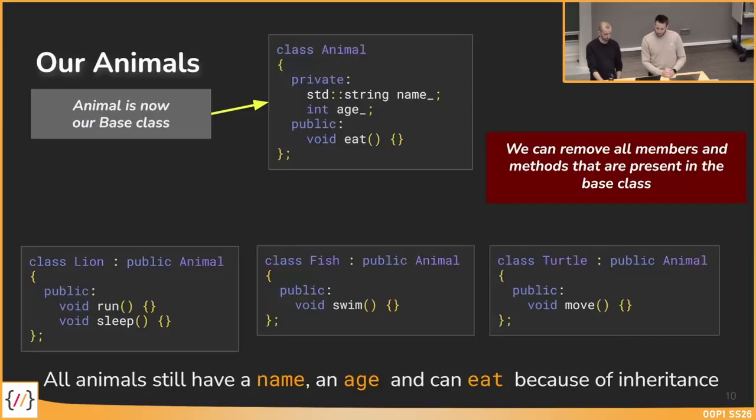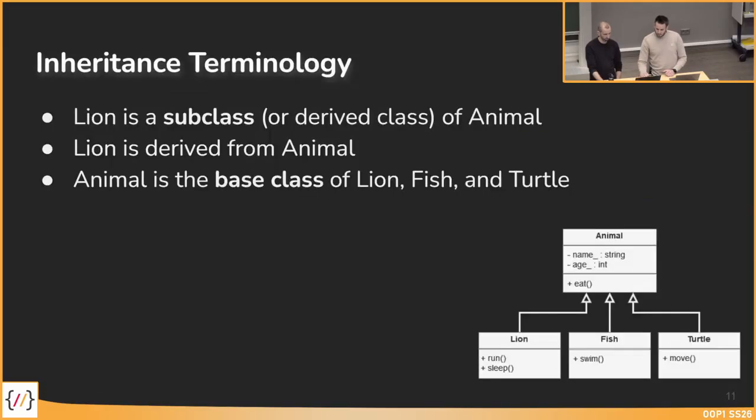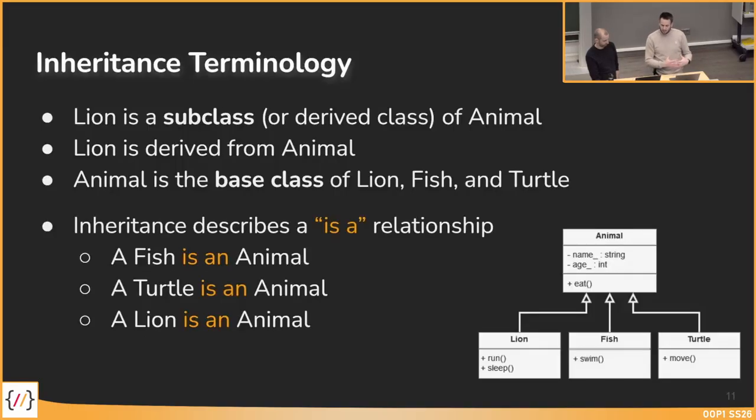For the terminology, we say that lion and also fish and turtle are a subclass or a derived class, because they are derived from the base class animal. And animal is the base class of lion, fish, and turtle. This is inheritance and describes an is-a relationship.